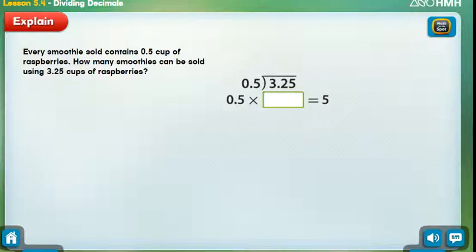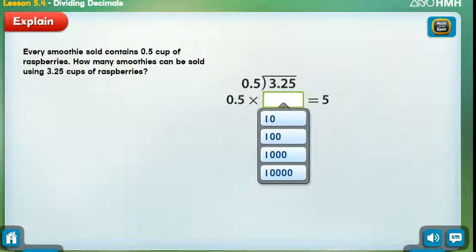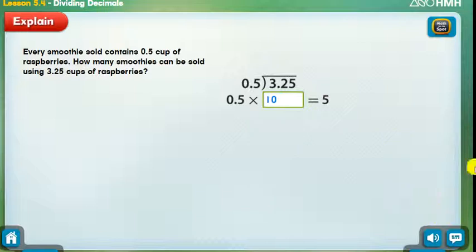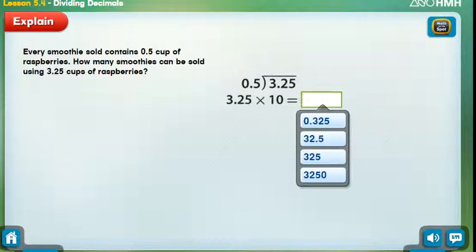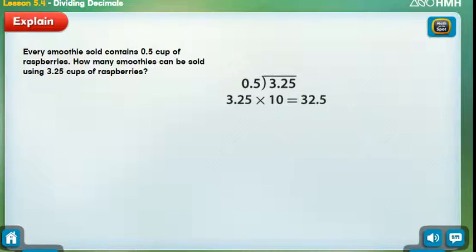Let's choose a power of 10 to multiply 0.5 by to make it a whole number. Excellent! You need to multiply 0.5 by 10 to get the whole number 5. You have to multiply the dividend by the same power of 10. Great job! 3.25 multiplied by 10 is 32.5.